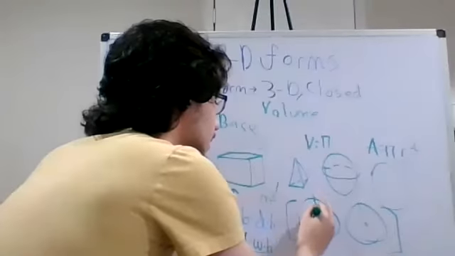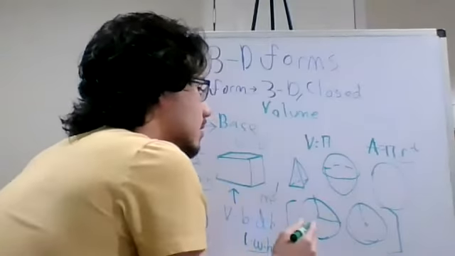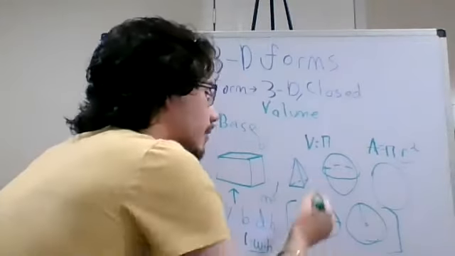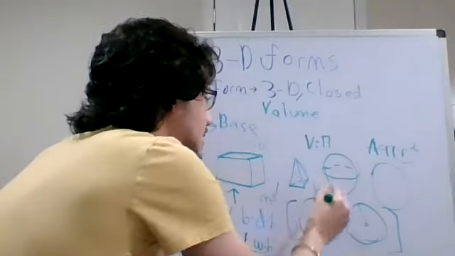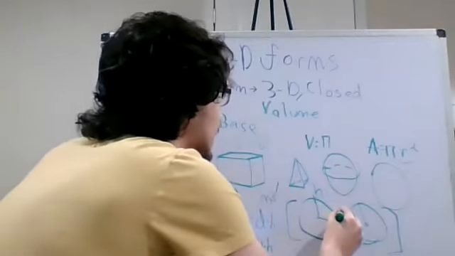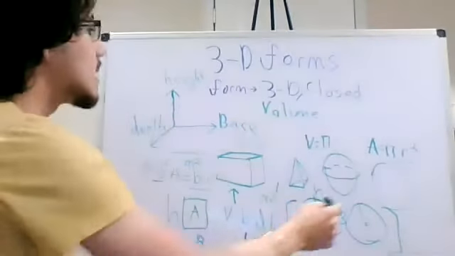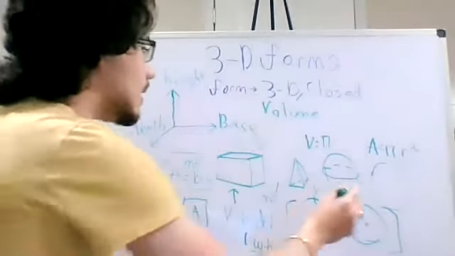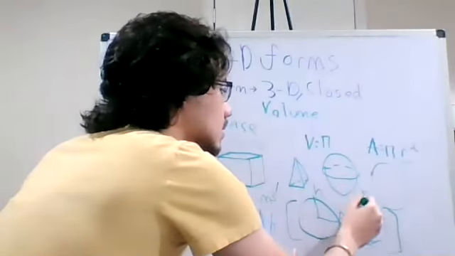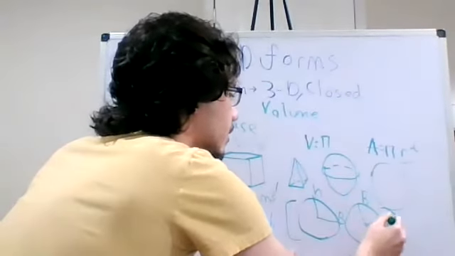Okay, so if we pretend that these circles, for example, are on a graph, this would be our height and this would be our base. So pretend this is the vertical sphere. And let's say that this is the horizontal sphere. So this is base and this is depth.